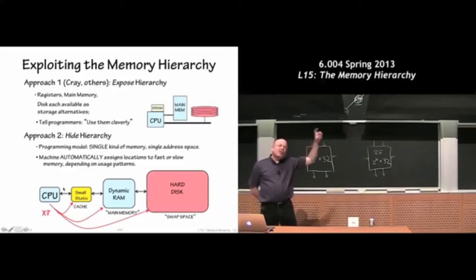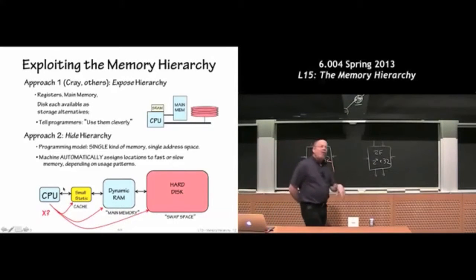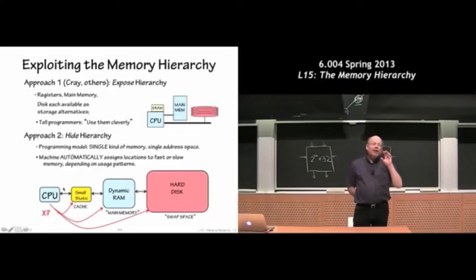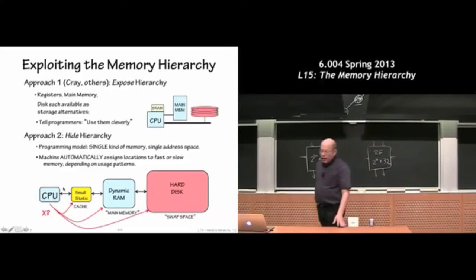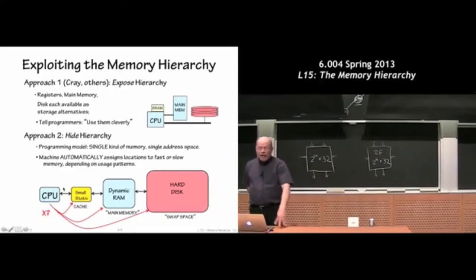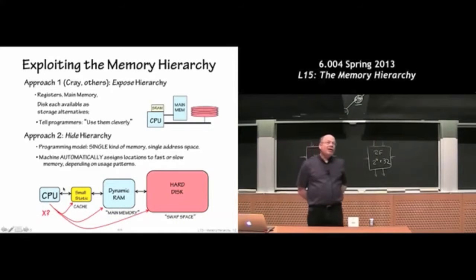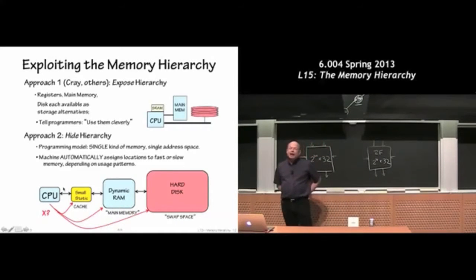So there's a combination of hardware and software that automatically manages getting your instructions and your data into the level of the storage hierarchy where they should be at any given moment. By and large, if we do this well, when we ask for an address, more than 95 or 96% of the time, we'll find that information in that static cache.